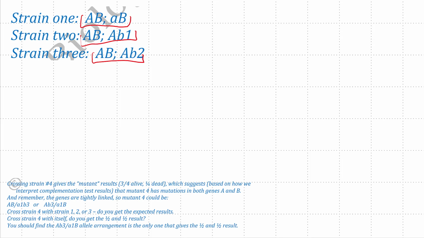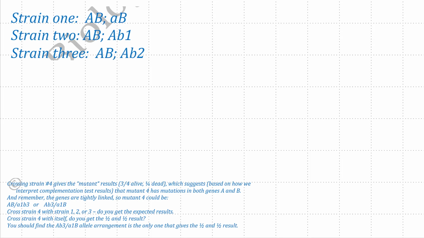So they give us this nomenclature right here to designate the genotypes for the different strains. We have one gene A and one gene B, and then two different types of mutations for gene B in strain 2 and strain 3. I'm going to change the nomenclature here to make it clearer and more consistent with the way we have been talking about this in the course.